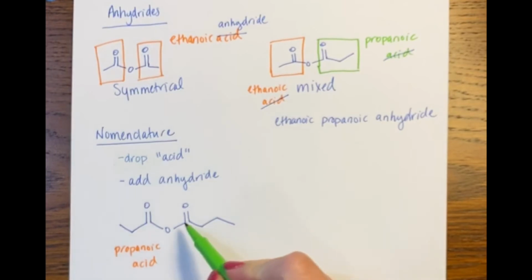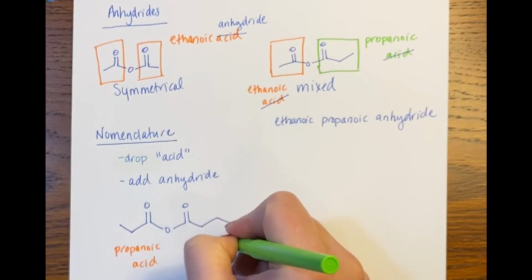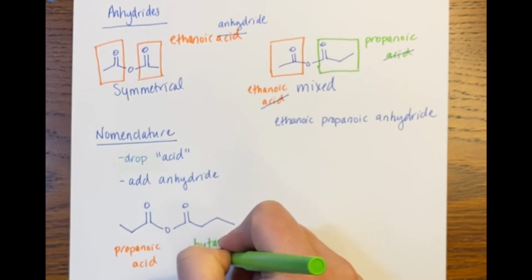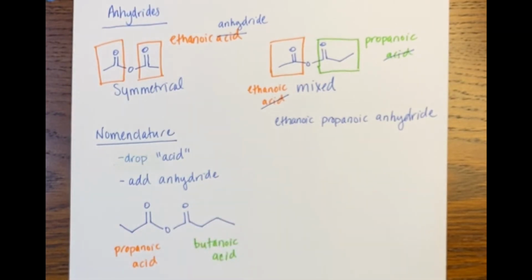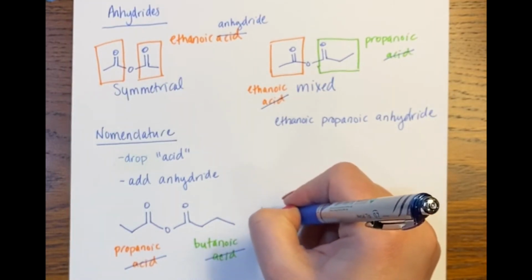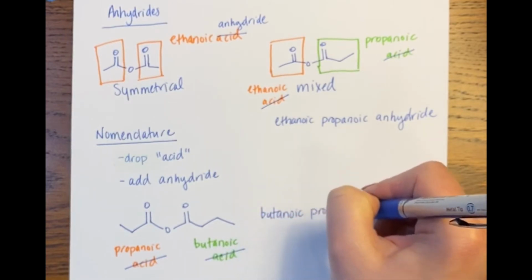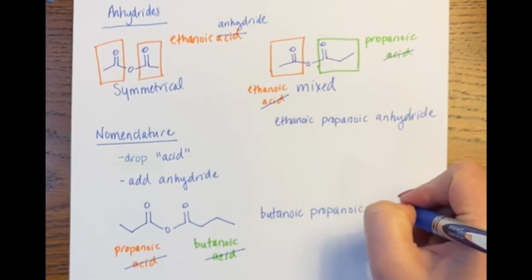On the right side, we have 1, 2, 3, 4 carbons. So this would be butanoic acid. And just like we set up above, we're going to drop the acid from each of those parents, and we're going to alphabetize what's left. And so the name of this compound is butanoic propanoic anhydride.